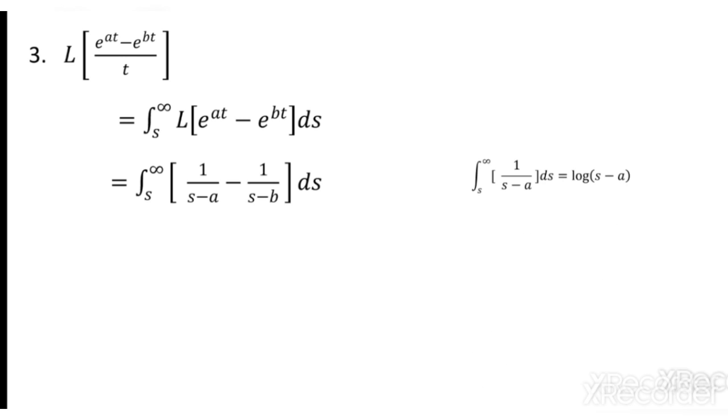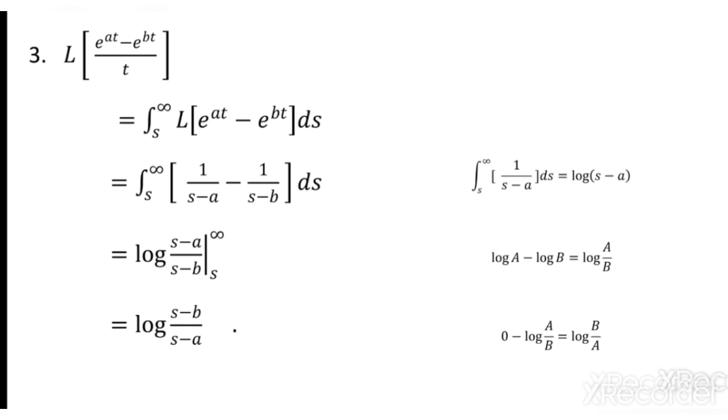We know the integral of 1 over s minus a is log of s minus a, and we adopt the logarithmic rule also. Combining that, we get log of s minus a by s minus b, and then apply the limit s to infinity. Again the same situation arises: 0 minus log a by b can be written as log b by a, so it is log of s minus b by s minus a.